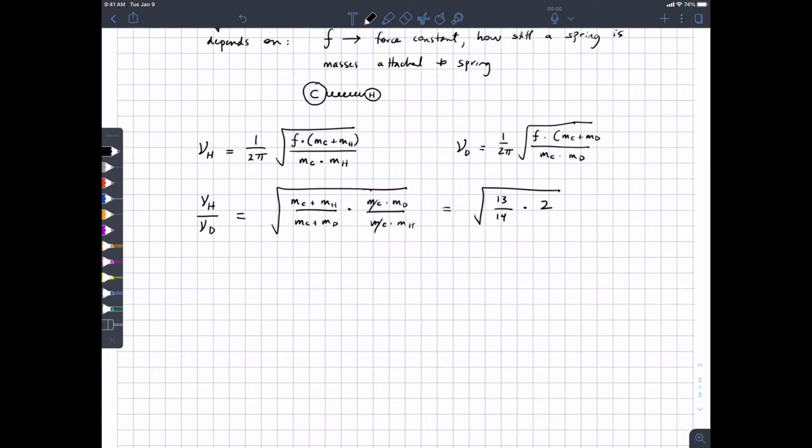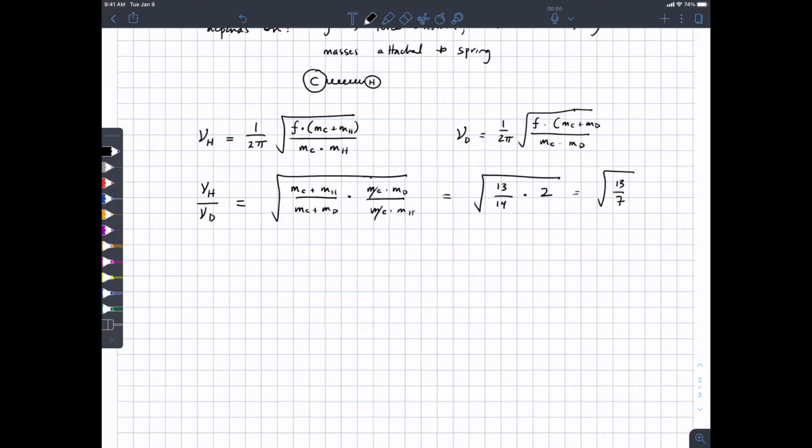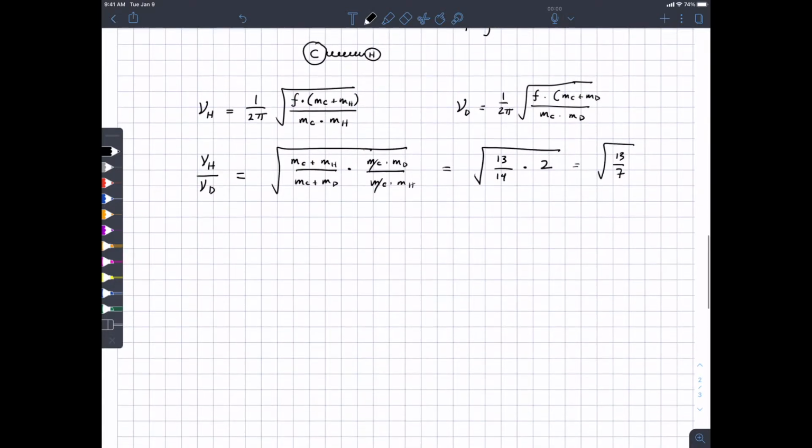Okay? And the actual identity of that fraction isn't necessarily important. What I mean to say is that if we run these numbers out, we can calculate what the energy difference is for hydrogen versus deuterium. Okay?